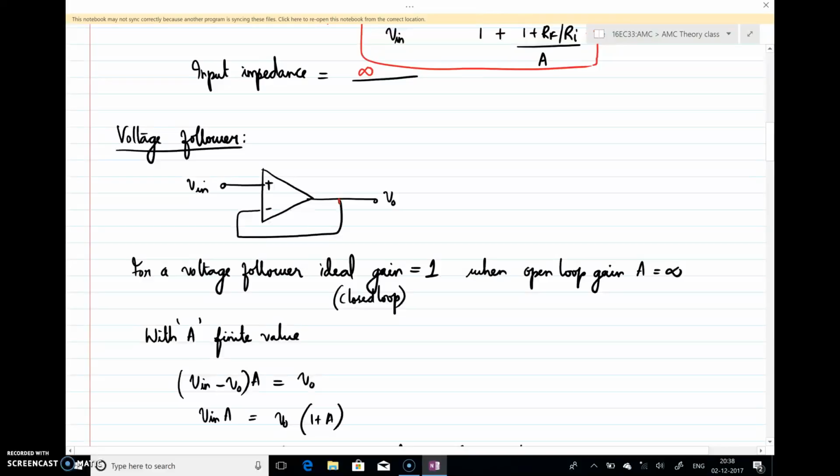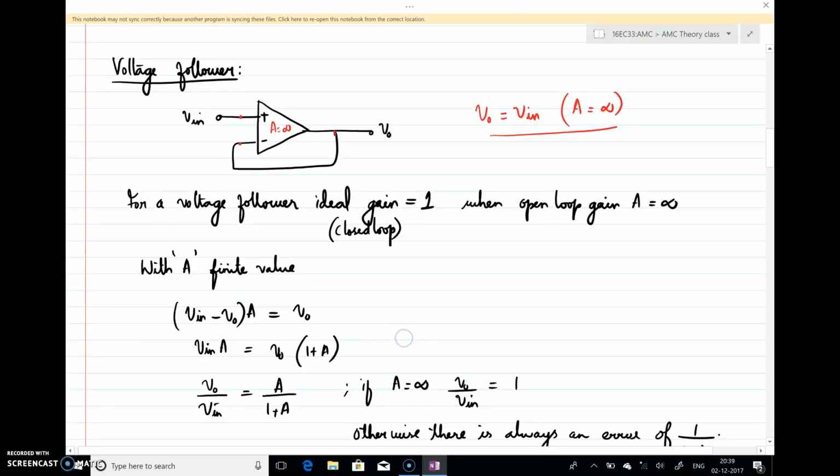Now in this case, Vout will be equal to Vin only when the open loop gain A is infinity. This potential will be the same as this potential by virtual ground, so V0 will be the same as Vn. This is true when the op-amp has an open loop gain of infinity.